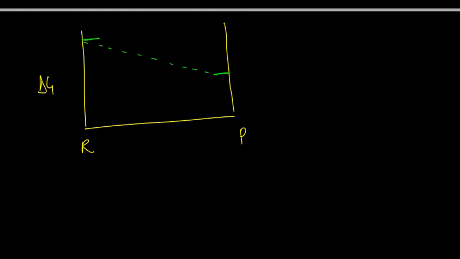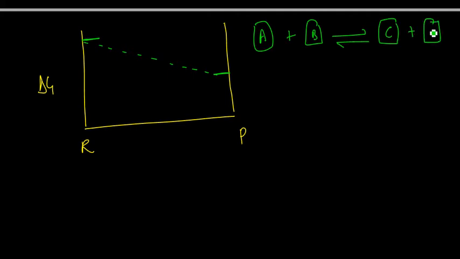But over here, there's something that I'm missing out. What I'm considering essentially over here is A plus B going to C plus D. The kind of picture that I'm taking over here is that these, A, B, C, D, are in separate compartments, right?